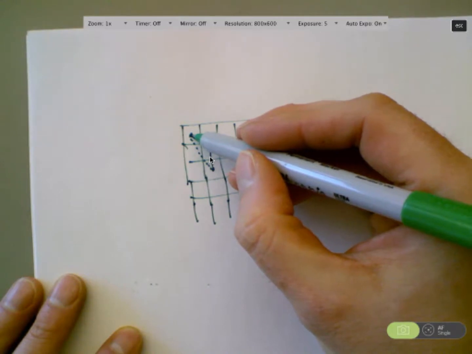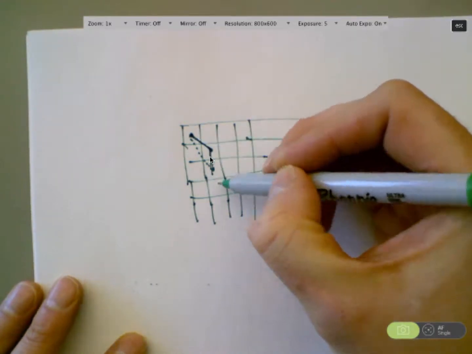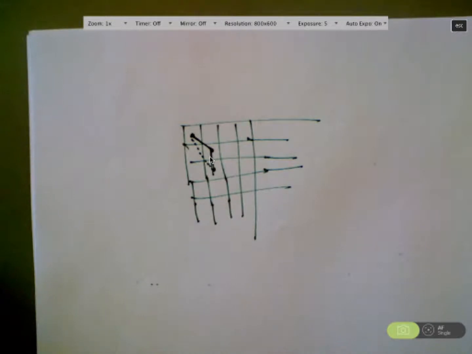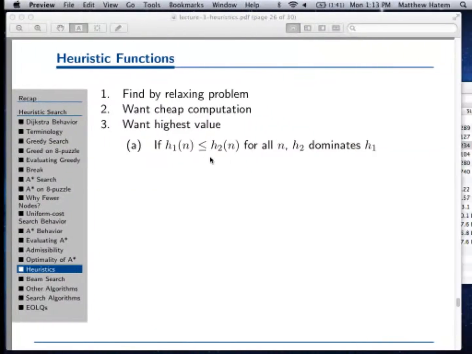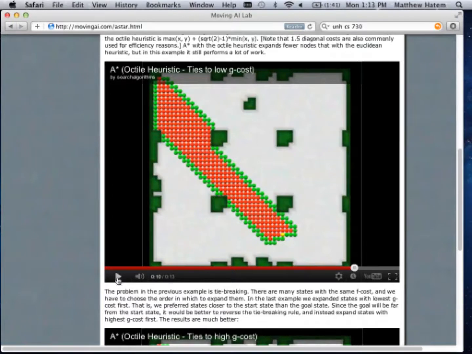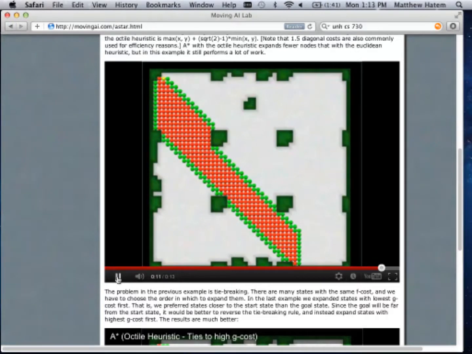So octile distance is actually perfect for 8-way movement as long as there are no obstacles. If you compute octile distance to your goal, as long as there's nothing in the way, the heuristic is exact. It gives you the perfect answer. So the second video is with octile distance, but they're using the crappy tie-breaking rule.